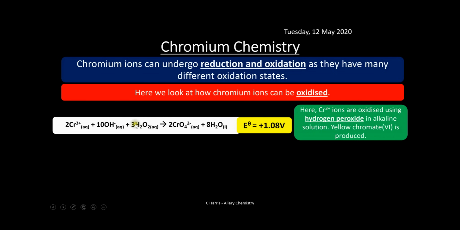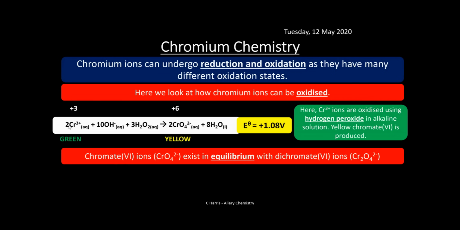So they are oxidized using hydrogen peroxide in an alkaline solution, and what we form is a yellow chromate substance. So you can see here we're going from +3 to +6, so that's definitely oxidation because the oxidation number is increasing, and we're going from a green to a yellow solution, so that proves that this reaction is actually working.